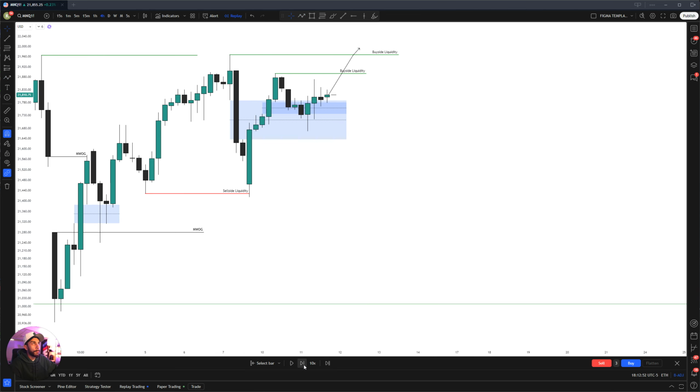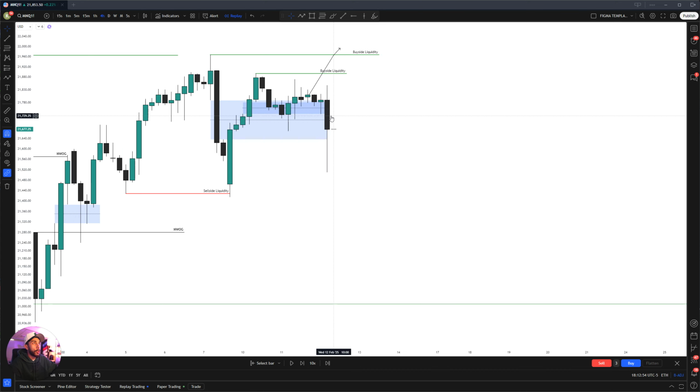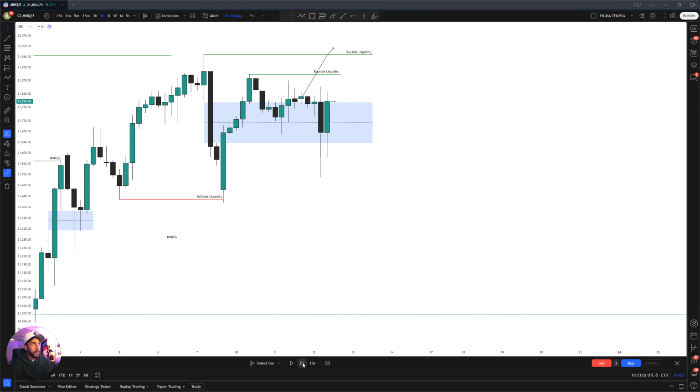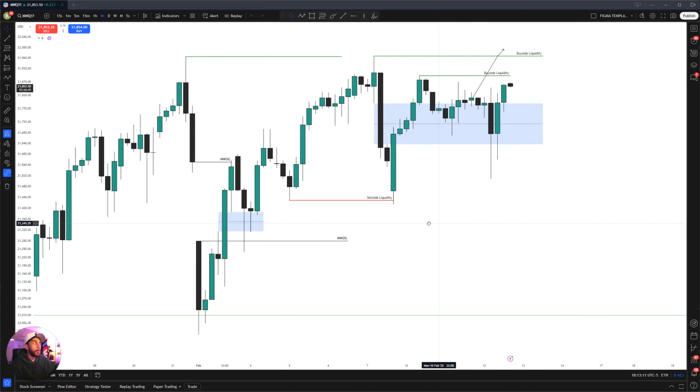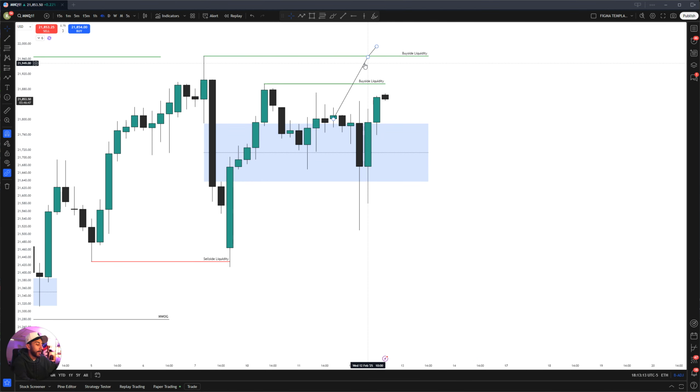Let's see what happens. This is fresh, by the way. I have not went through this price action previously or anything like that. As you can see, we're still holding this inverse, so price is still going to continue pushing higher. Is the bias here, and it looks like we're at the end of the road.